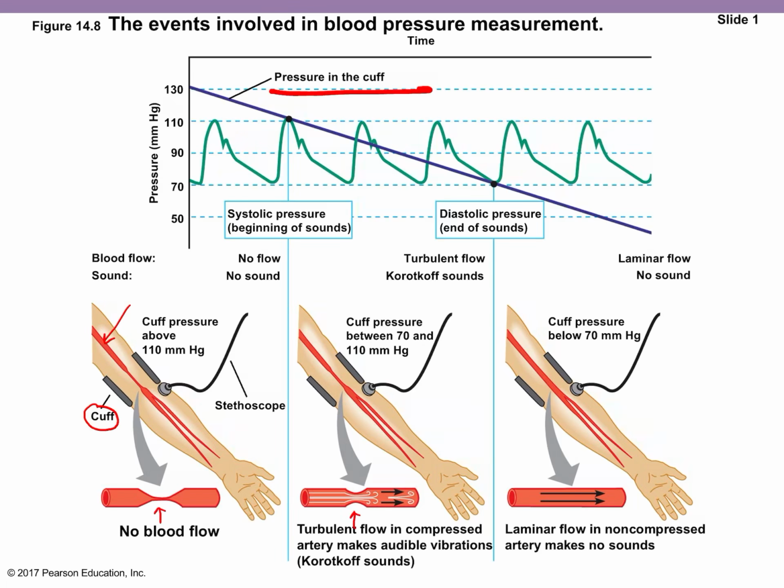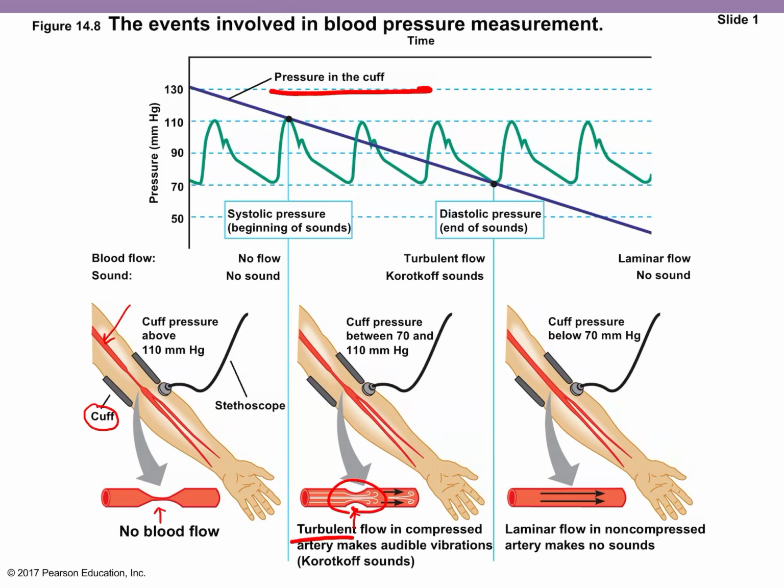As you release the pressure, the blood vessel opens up, and once blood makes its way into that small opening, you'll hear turbulent blood flow. Blood flow that's not even or smooth is called turbulent, and it makes a sound in the stethoscope.